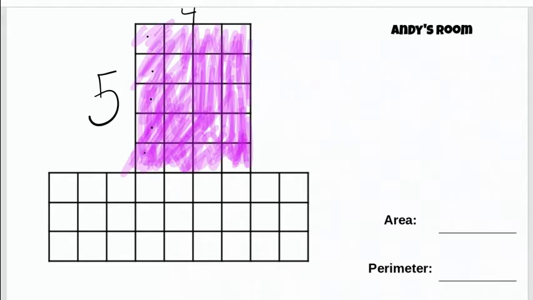So to find the area of this section, I need to multiply 5 times 4. 5 times 4, we have 5, 10, 15, 20. 5 times 4 equals 20. That's just one section.